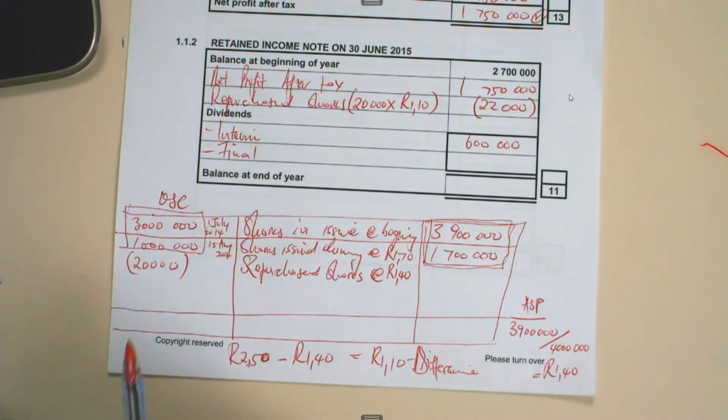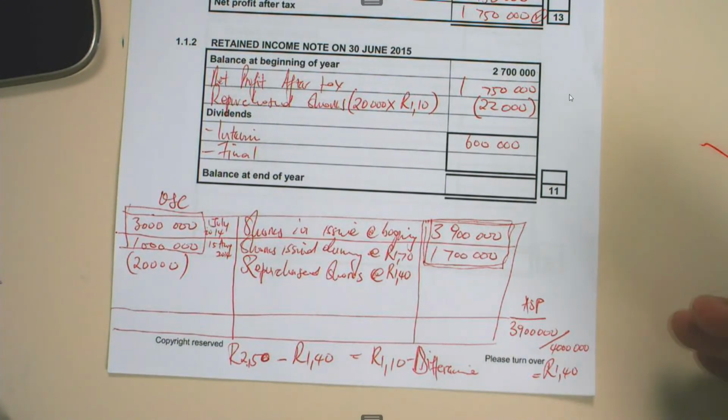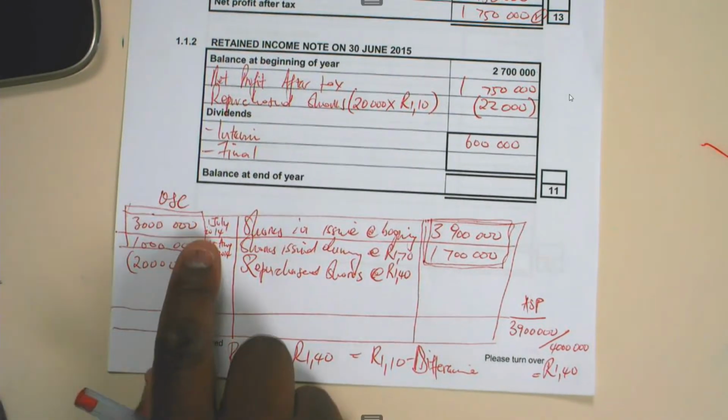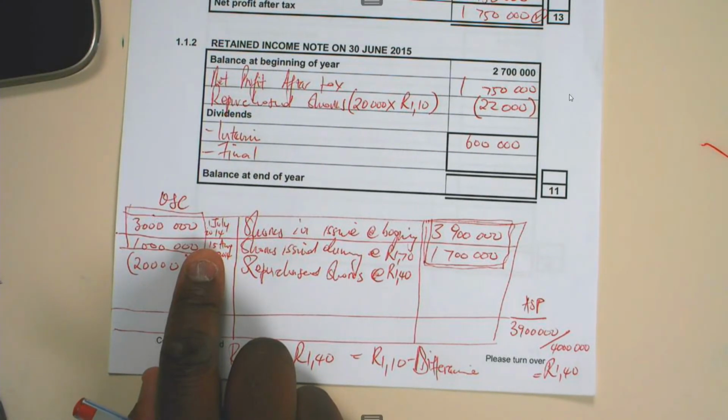Remember, through note number 7, we'll be able to get how many shares were in issue at the end of the year. Remember, we had 3 million at the beginning, we issued another million. Then it's 4 million.